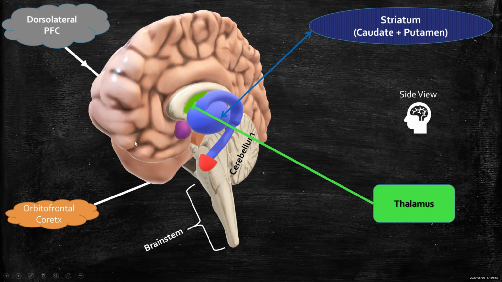So if this is the ventromedial prefrontal cortex here, because it's in the medial aspect of the prefrontal cortex, this over here is the lateral side. It's on the lateral dorsal side. We call that the dorsolateral prefrontal cortex. The orbitofrontal cortex is still under here, and the thalamus here.